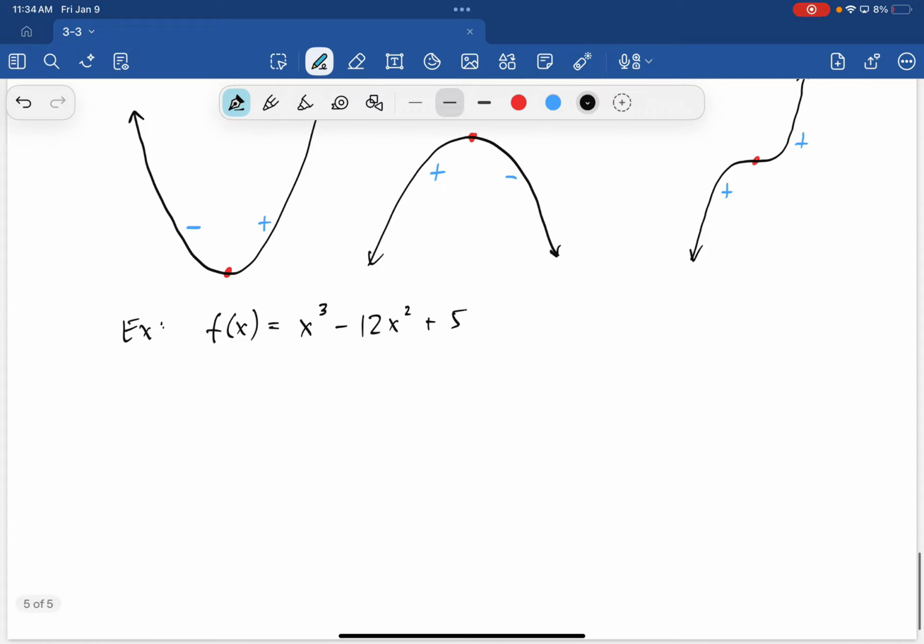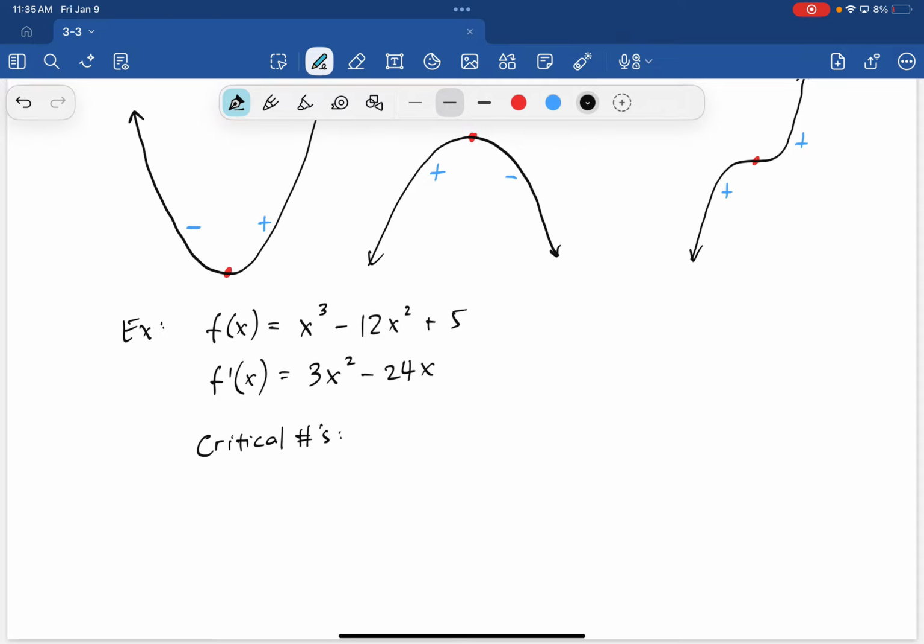Let's first find the critical numbers of this function in this example. So we have f prime of x equals 3x squared minus 24x plus 0. The derivative of x squared is 2x, so that's why we got the 24. And then we're going to think about where this is equal to 0, because that's what a critical number is.